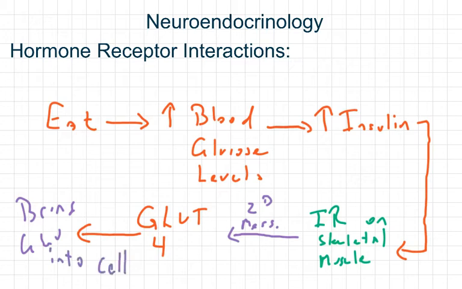By bringing glucose into the cell, it causes a drop in blood glucose levels, helping maintain homeostasis, and also revamping the glucose levels within the skeletal muscle. This is just one of the many different pathways when we talk about the hormone receptor interaction.